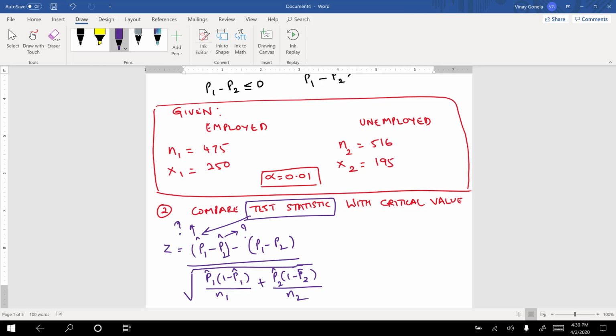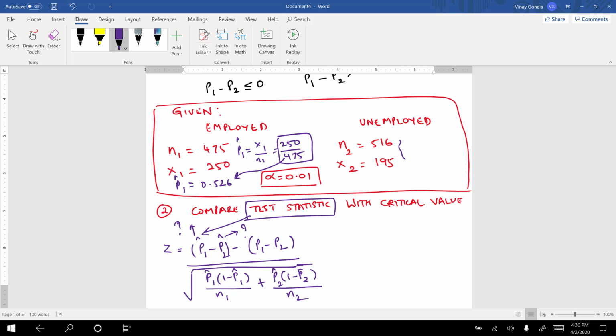To get p1 hat, the formula is x1 divided by n1, so I will do 250 divided by 475. So the p1 hat I will receive would be 0.526. If you do this, you should get 0.526.